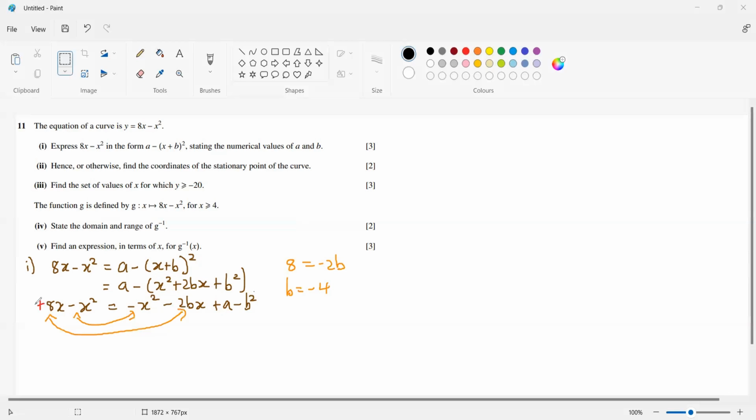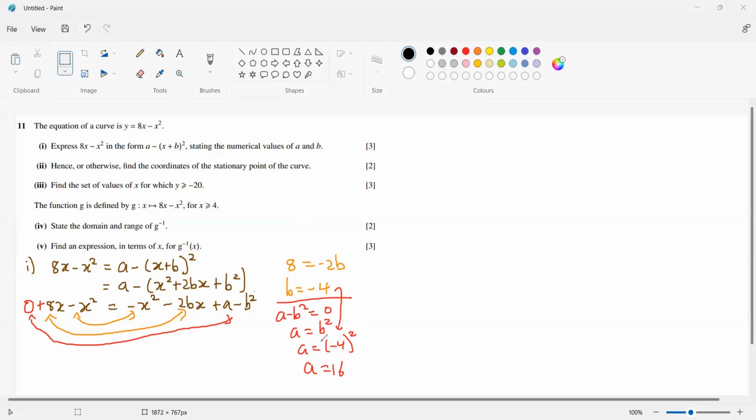Now how about the term without the x? We purposely add 0 like that and put these two as equal. That means a minus b squared equals 0. So a equals b squared, or in other words, a equals negative 4 squared, because b is known to be negative 4 here.